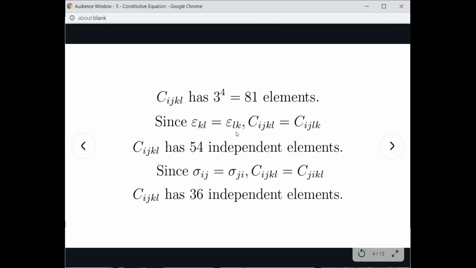It just means that we have a symmetric strain tensor. Tama? Symmetric yung strain tensor natin. Thus, it will reduce to 54 elements. And since sigma ij and sigma ji is equal, or the stress tensor is symmetric, then this will be reduced to 36 elements.